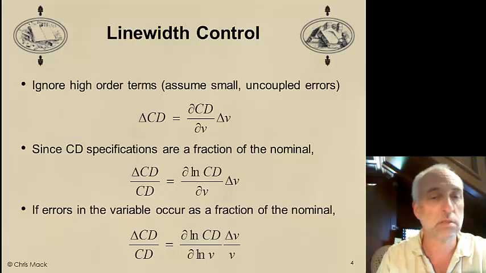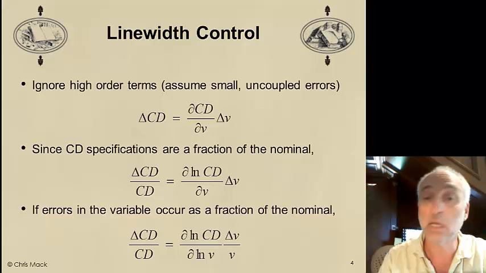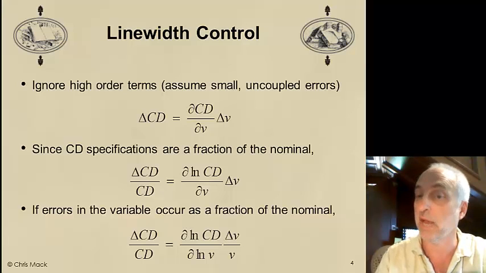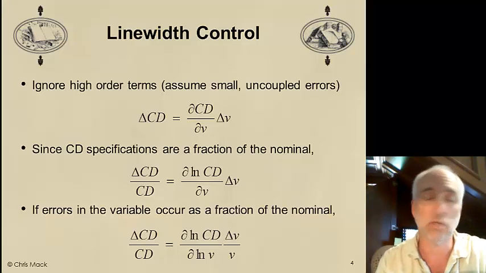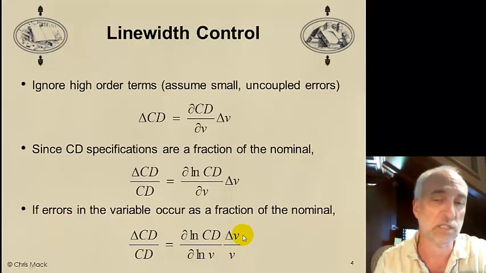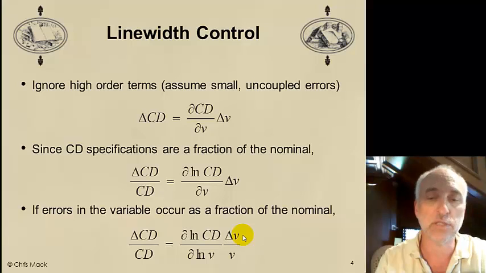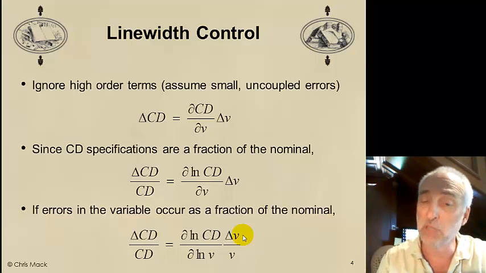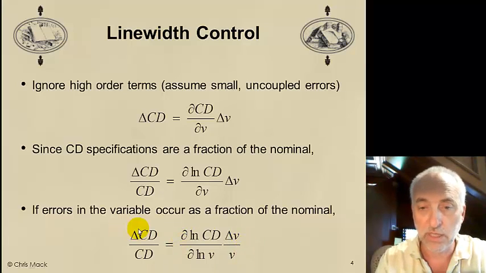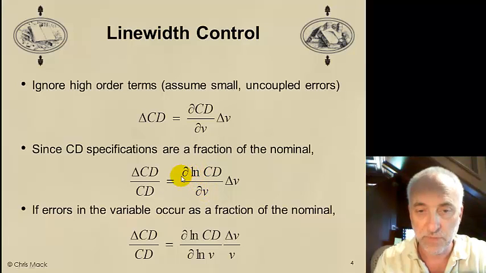If I double the dose, I double the amount of dose error I have as well, and I have the same fractional error change. So often we want to take our variable delta V and express it as a relative error. Now, not every process variable has errors that occur as a percentage of the nominal, but most do. So let's take delta V divided by V, and that means I have to multiply by V as well. That allows me to turn my V over dV into d log V.